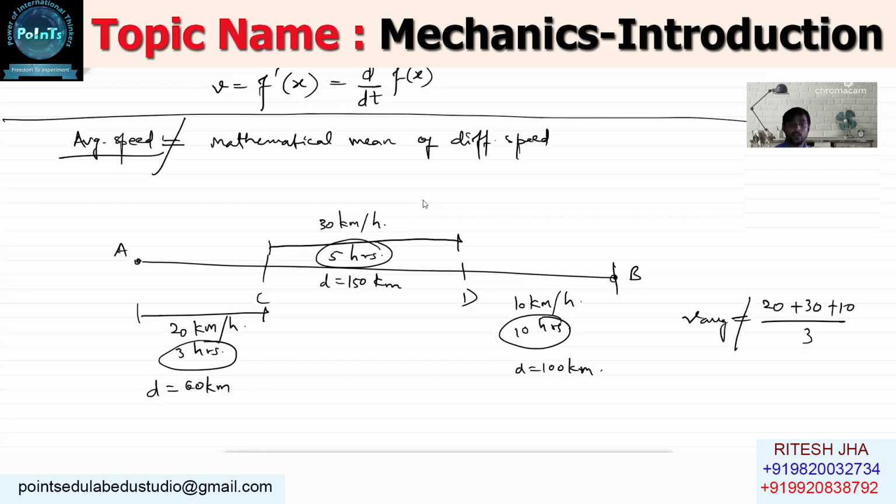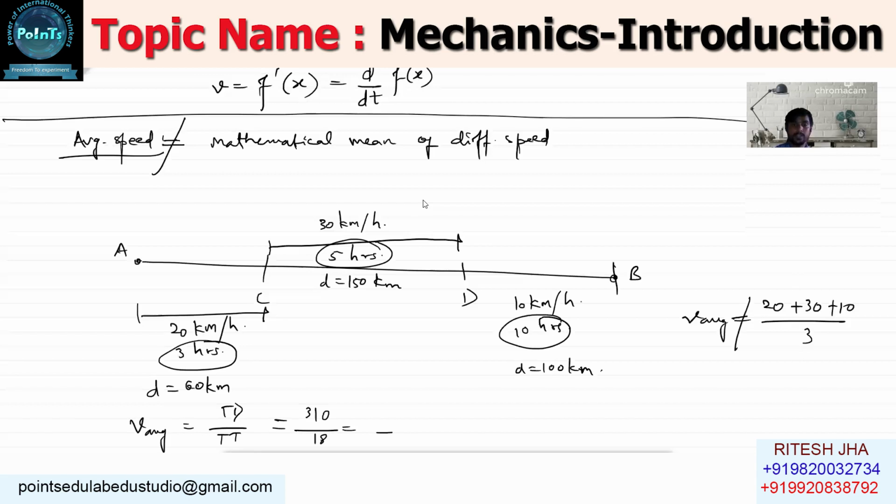So here, how do we define the average speed? Average speed is defined as the total distance over total time. What is the total distance? 60 plus 150 plus 100. 210 plus 100, that is 310, divided by total time taken. Total time is 3 plus 5 plus 10, that is 18. So 310 over 18.